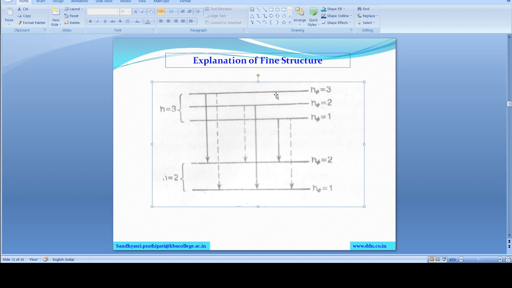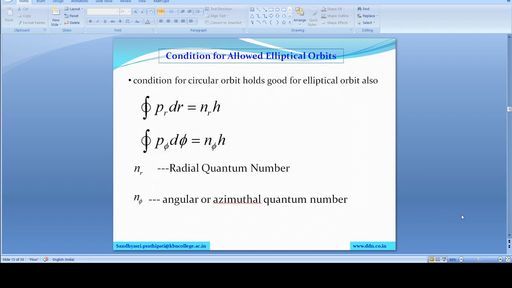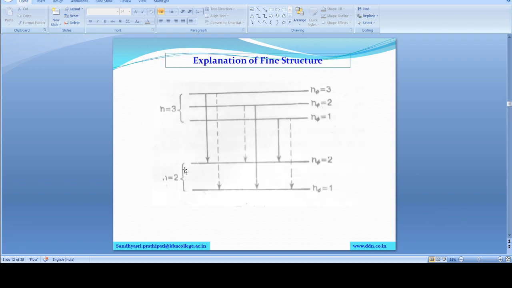With n phi equal to 3, one more suborbit. Right? So the n equal to 3 level is split into 3 suborbits. That's why we are finding additional lines in fine structure. This is all about the Sommerfeld elliptical orbit.